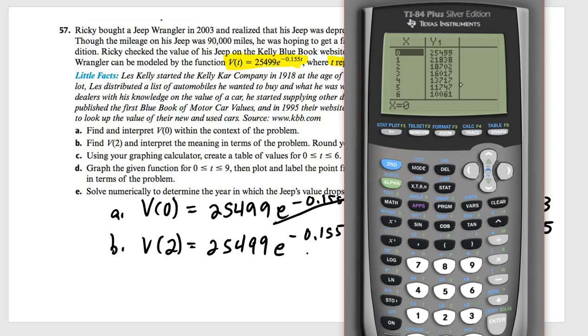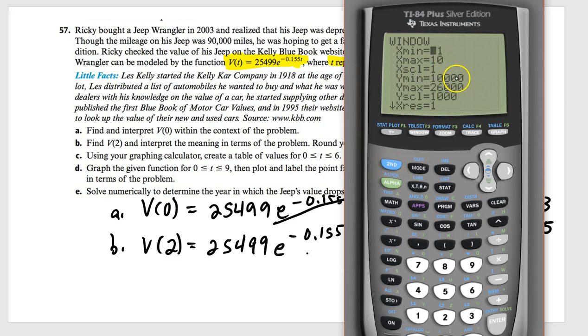Next, it asks me to graph this. And let's just use our calculator and get more familiar with it. So if I wanted to graph this, I can see that my inputs are going to go from 0 to 6, but my outputs are going to go from 10,000 to around 25,500. So I changed my window from negative 10 to 10, which is standard, to negative 1 to 10, just to give me room. 0 to 6 will be well within that.